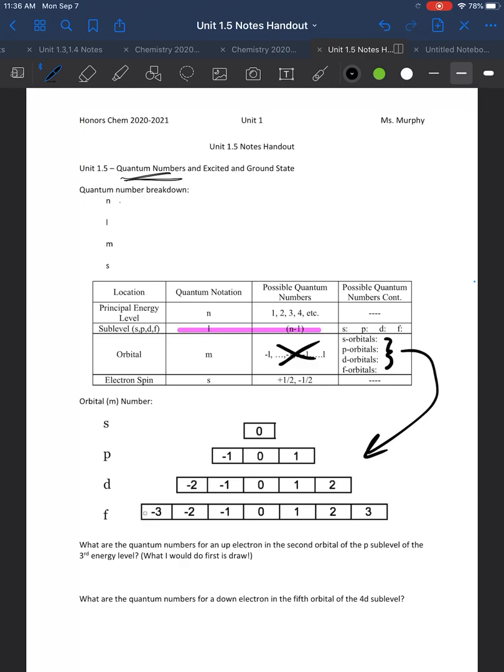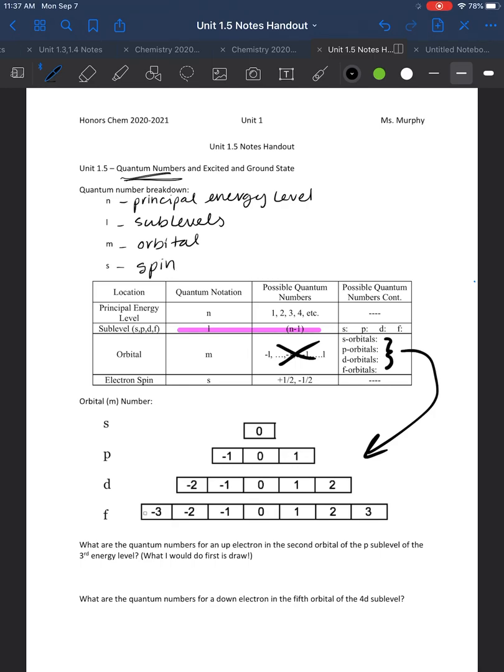N has to do with the principal energy level. L is associated with sublevels. M has to deal with the orbital. And S has to do with the electron's spin.